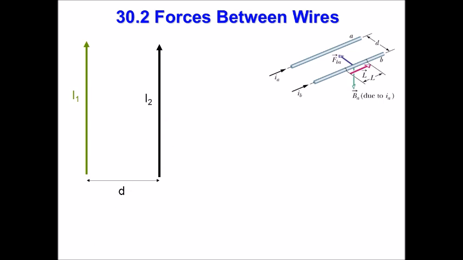So at this point, there is a magnetic field strength. What is the magnetic field strength? First of all, what is the direction of this field? Well, the current is pointing upward. The two currents, by the way, are pointing upward, so we have a situation of parallel current moving in the same direction. If you put your thumb in direction of current 1, your fingers will point into the board.